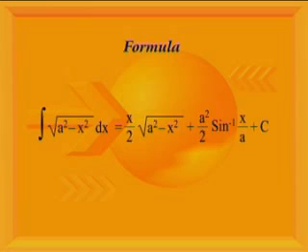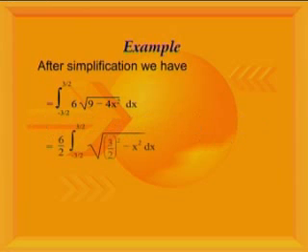Applying this result, our integral is equal to 6 by 2, then integration from minus 3 by 2 to 3 by 2 of the square root of 3 by 2 square minus x square with respect to x.